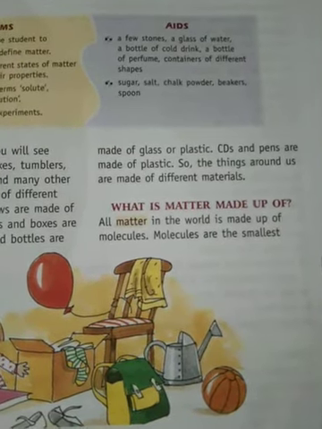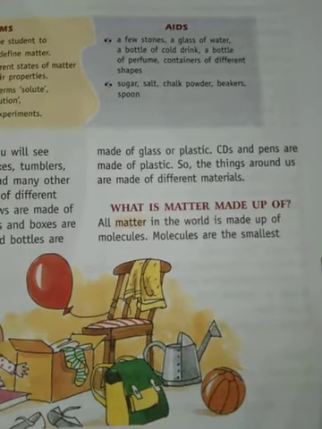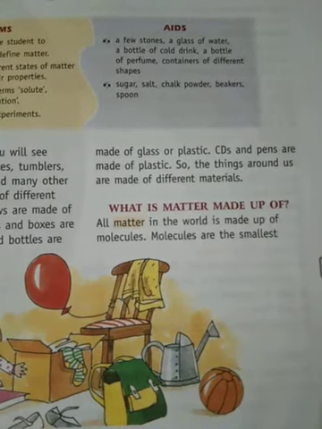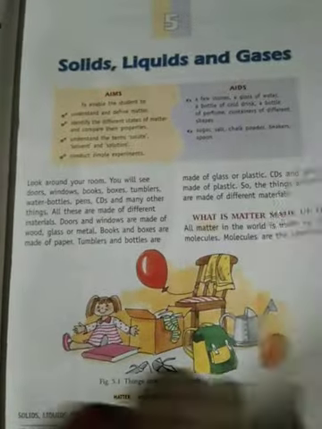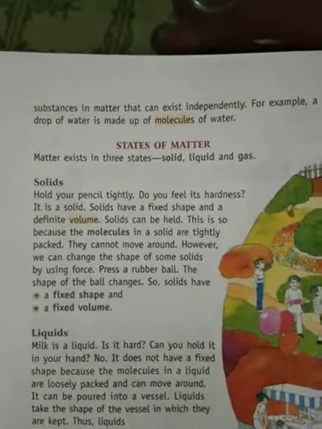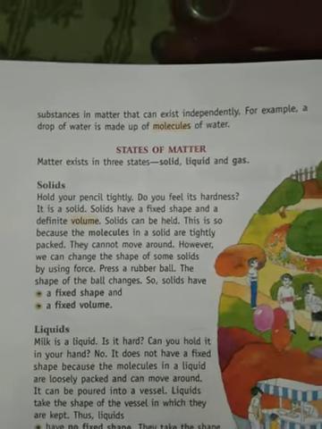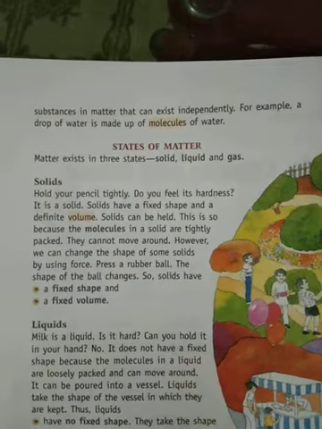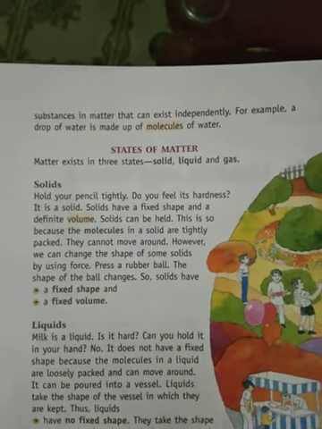Okay, all matter in the world is made up of molecules. Molecules are the smallest substances in matter that can exist independently. For example, a drop of water is made up of molecules of water.